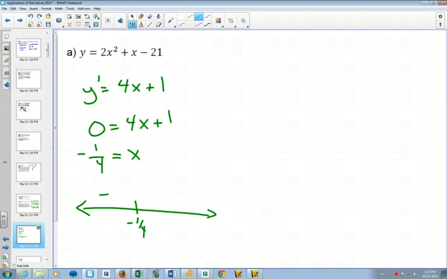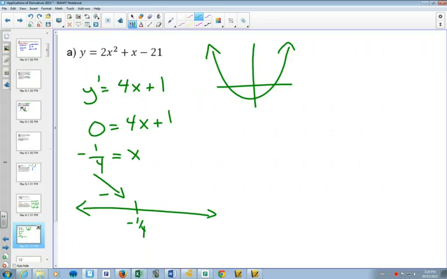And if the derivative is negative, that means the function has to be decreasing. Now I hope that you already see from the original equation that this makes a parabola, and that a parabola with a positive number in front looks like this. But this helps us see where the calculus is going to come into play.